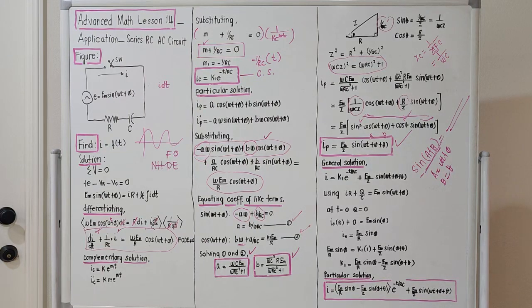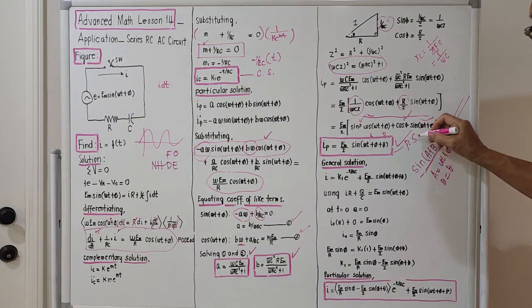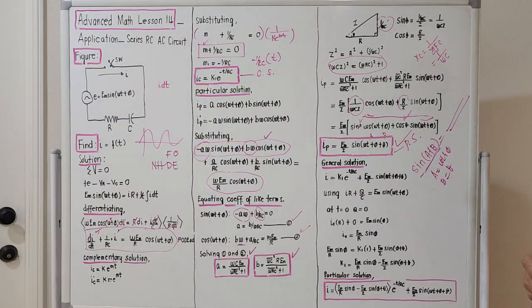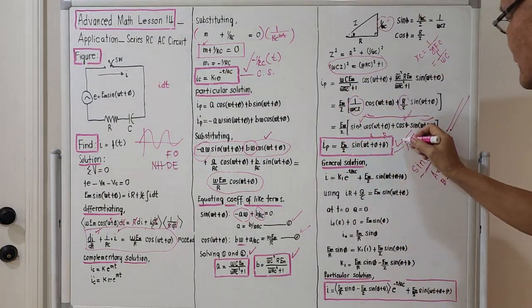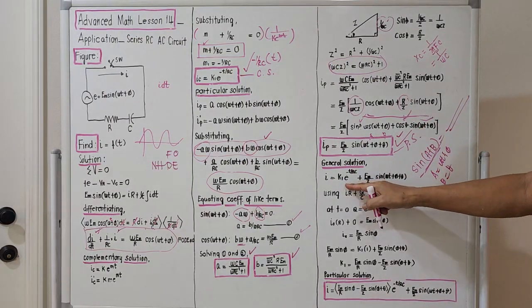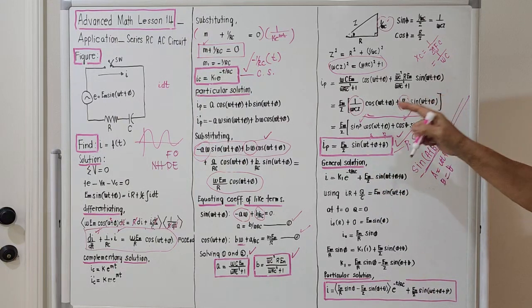So the general solution now will be equal to, we are now given the particular solution, right? So the total general solution now will be the complementary plus the particular. So the complementary is K1 A raised to minus T over RC plus the simplified particular solution.